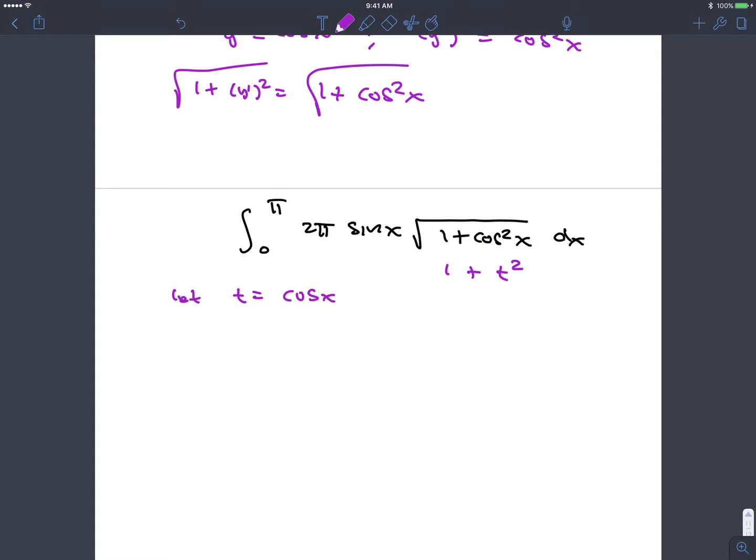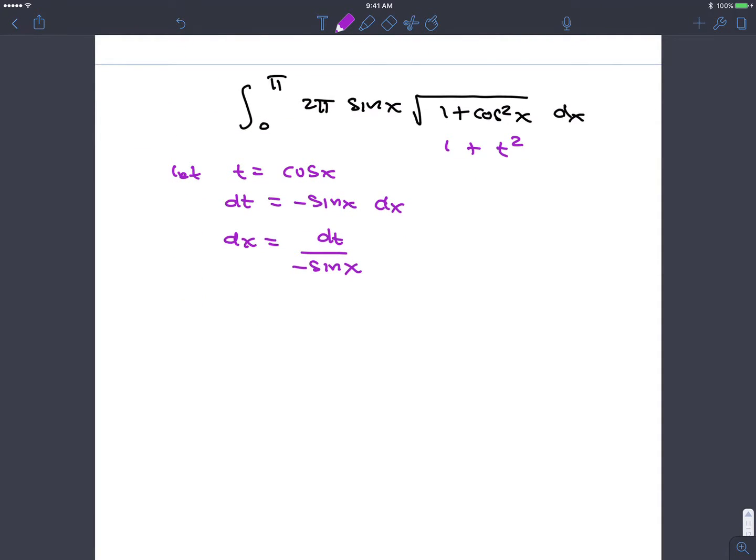Because if we're going to have a cosine squared be t squared, t is cosine, so what is dt? What's the derivative of cosine? Minus sine dx. So my dx becomes dt over minus sine x. So yes, it's going to be a nice trig sub, I guess.